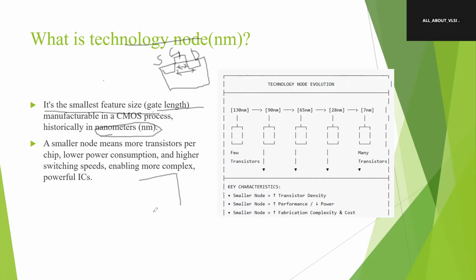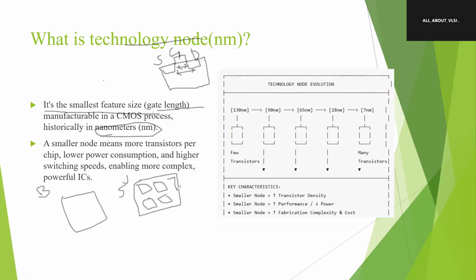Okay, I'll show. Consider this one as a small node and this one as a big node, a large node. So if this is the size of my transistors that I am placing in the small node, and my gate length is small, that means the transistor size also decreases.